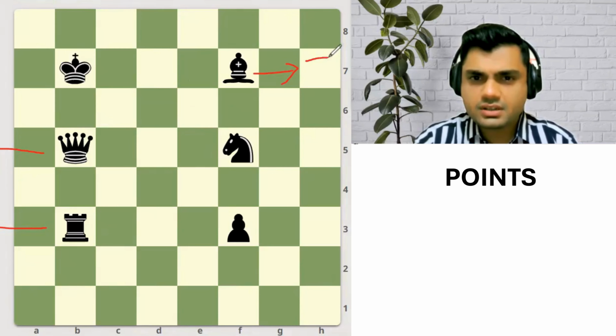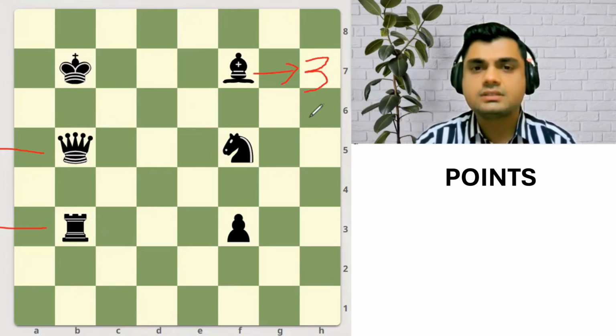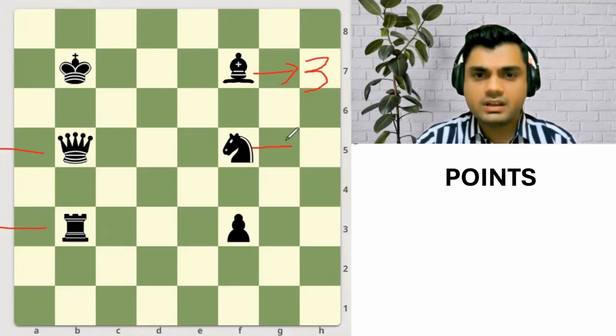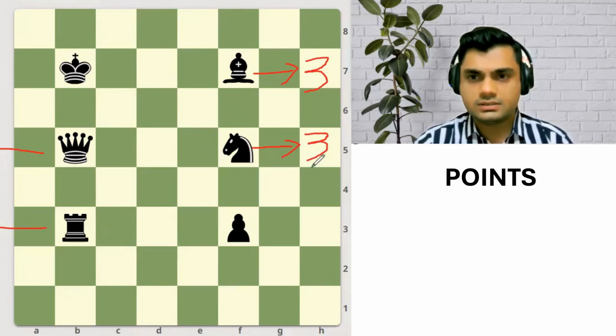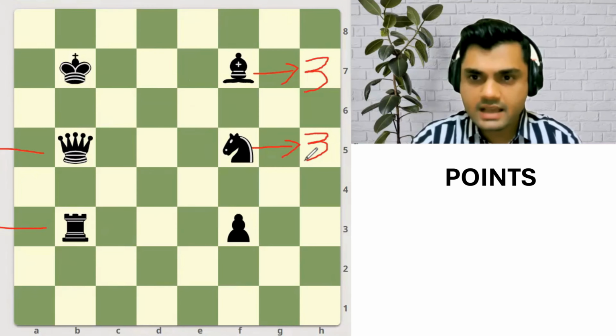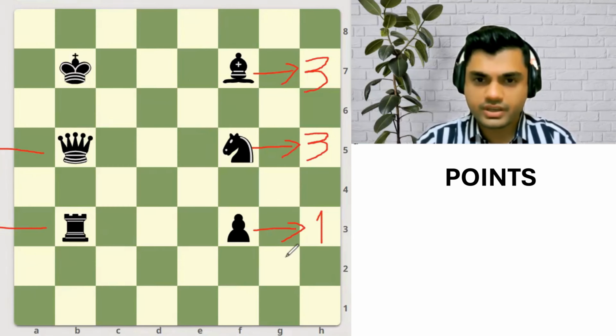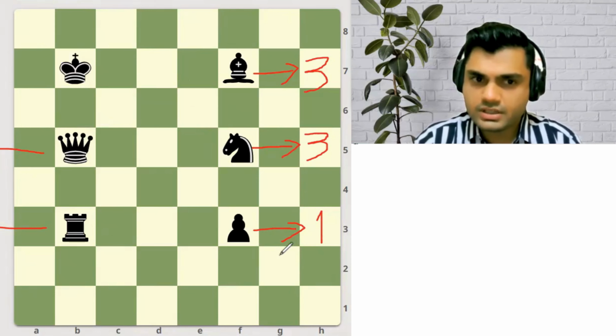Bishop has 3 points. Similarly, knight also has 3 points. And the pawn has 1 point.